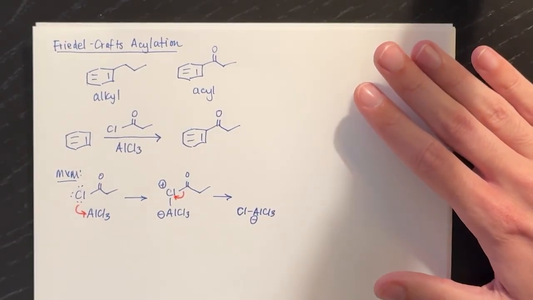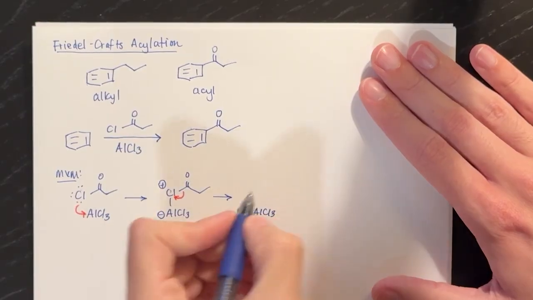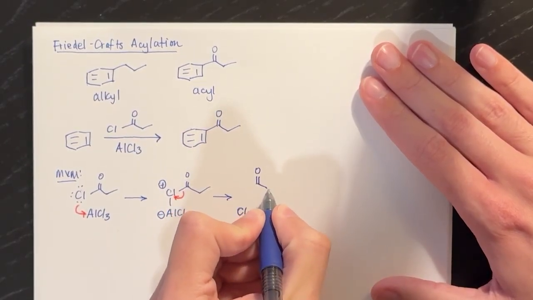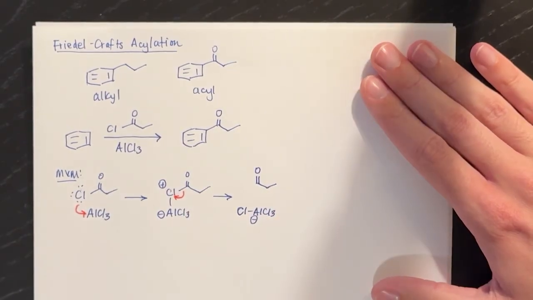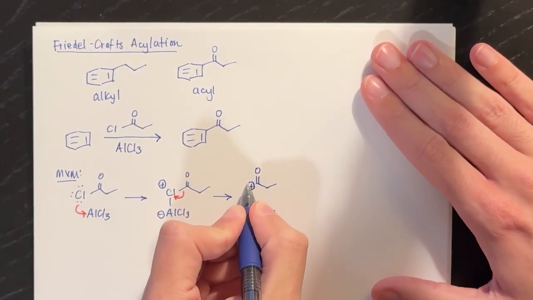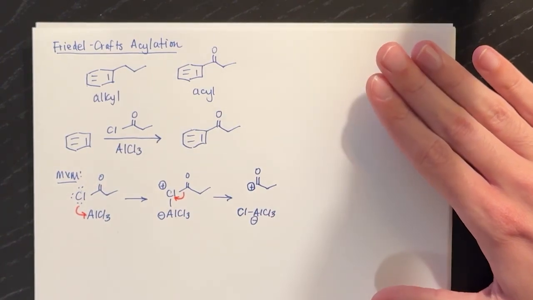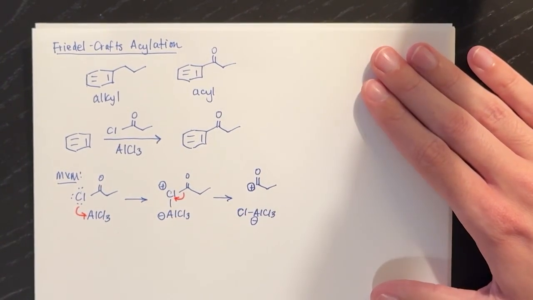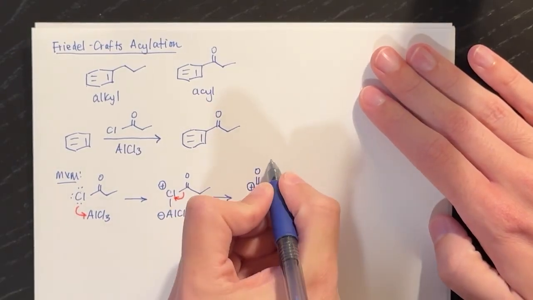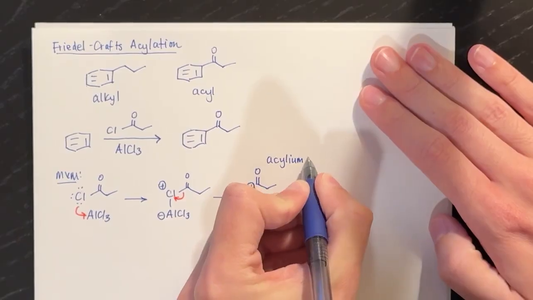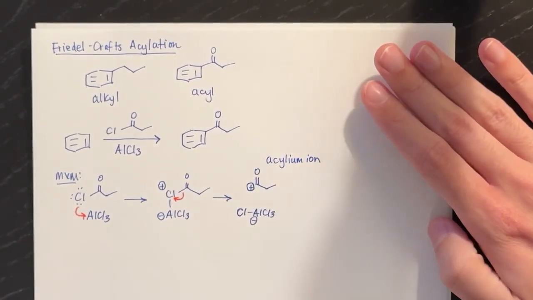That makes the side product. And then this is where things may look a little bit different. The carbon fragment that's left over is that. So it's just like a carbocation, except we've got a carbonyl on it. And this is called an acylium ion, right?